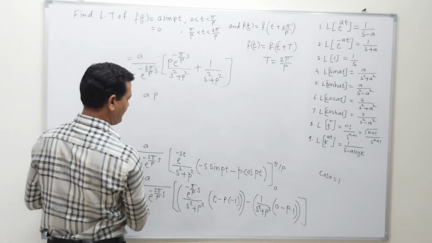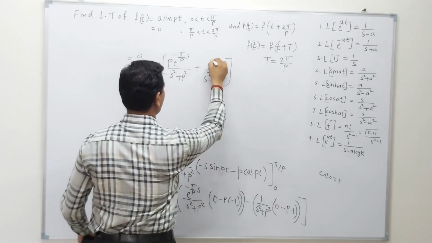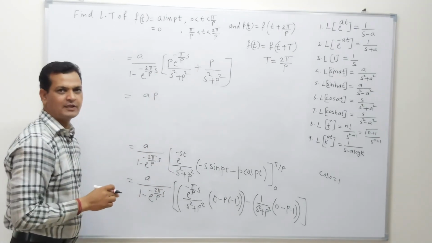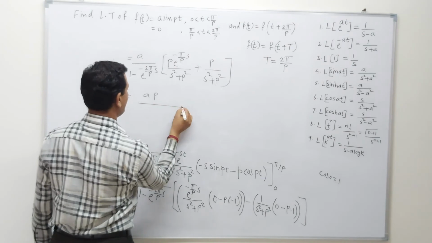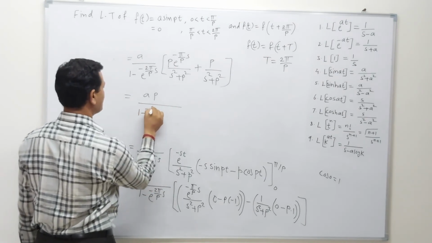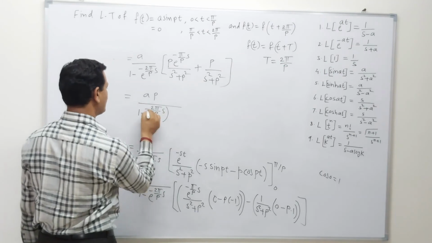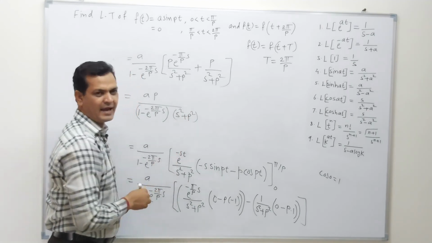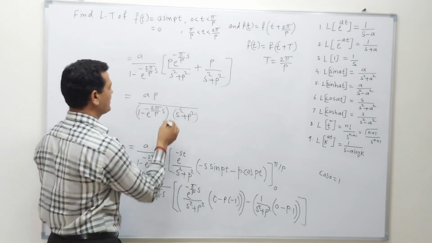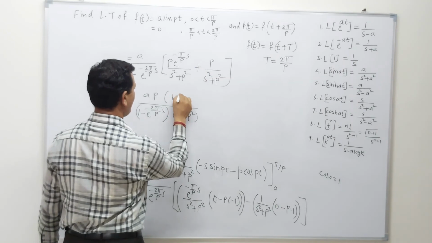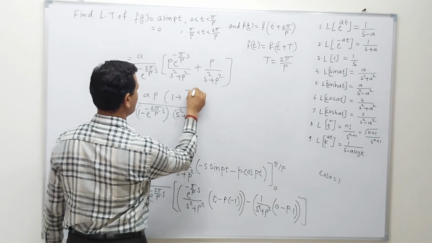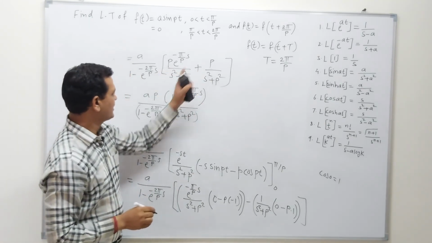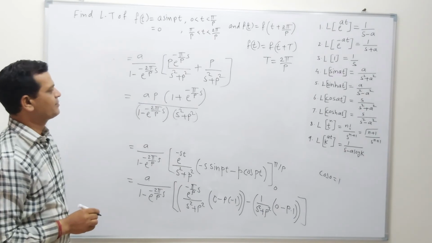Here p is common, so from the numerator it is always possible for me to take the term p common, so ap upon 1 minus e raised to minus 2 pi upon p into s, then s square plus p square as it is, which is a common term in the denominator, and the remaining term is 1 plus e raised to minus pi upon p into s. So this is the adjustment from the numerator, 1 plus e raised to minus pi upon p into s.